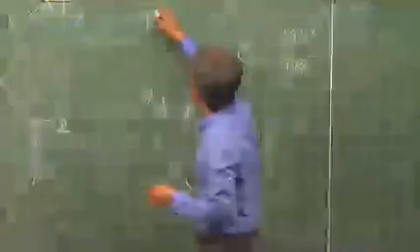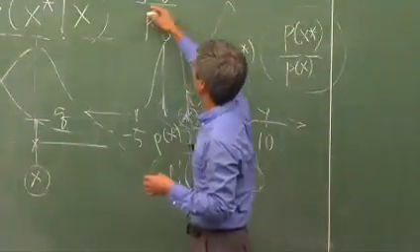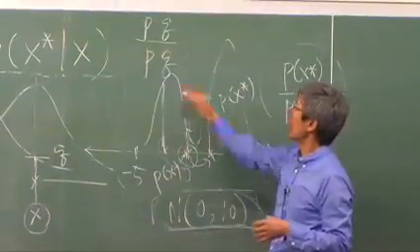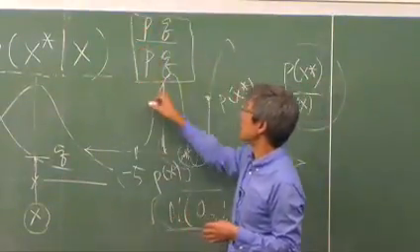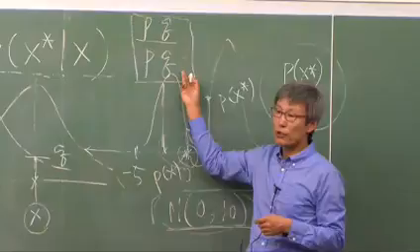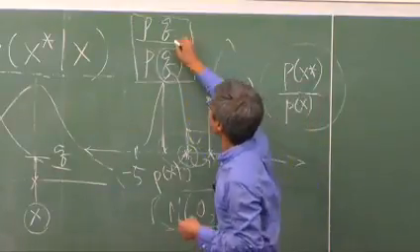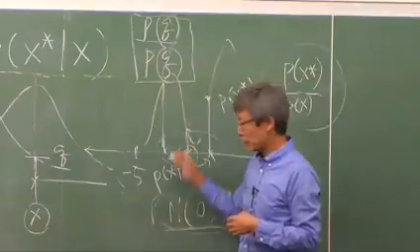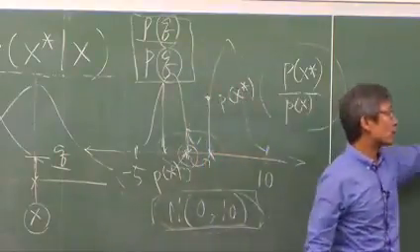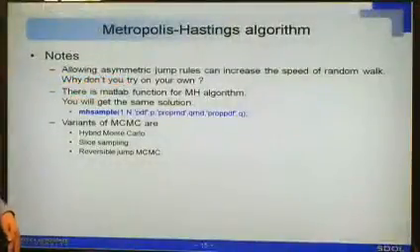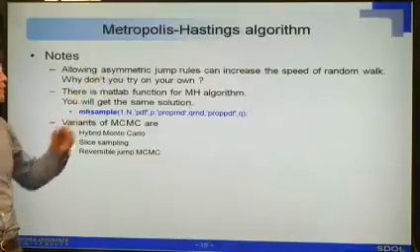There was P and Q, also the numerator P and Q. We saw this kind of expression in the Metropolis-Hastings. In the Metropolis only, we removed this. And in case of Metropolis-Hastings, that means we employ the asymmetric jump.